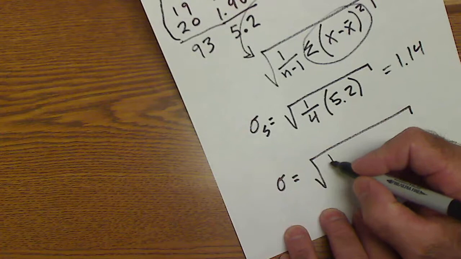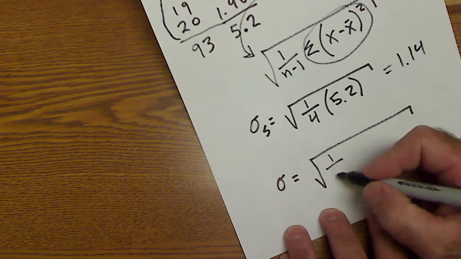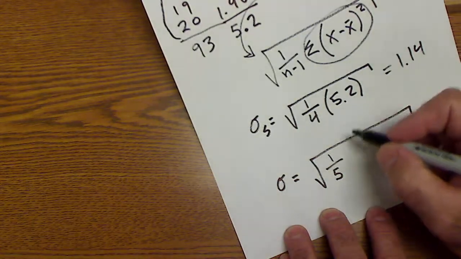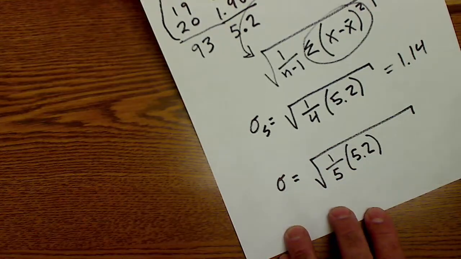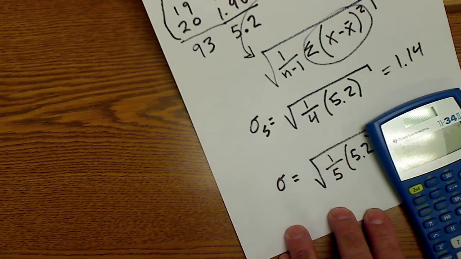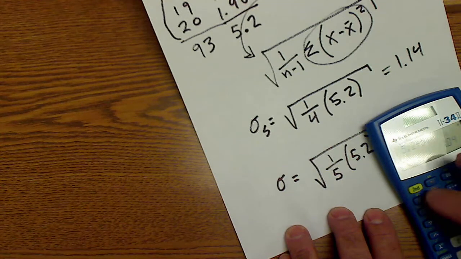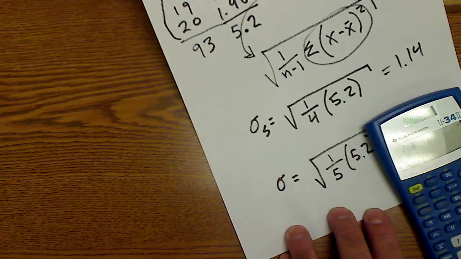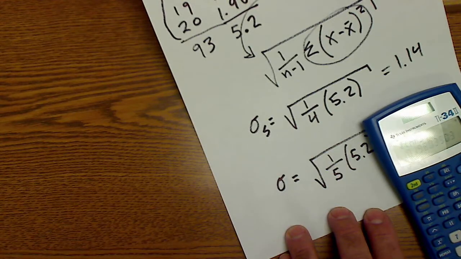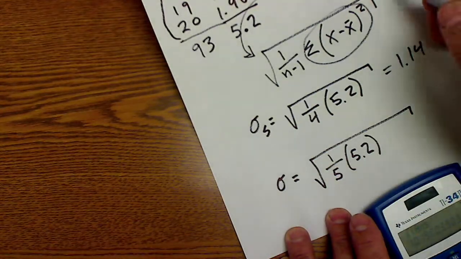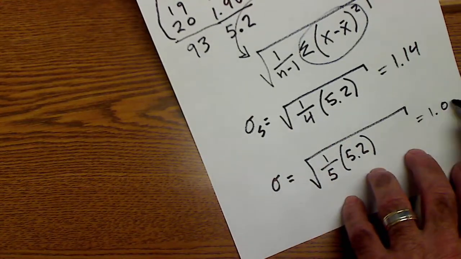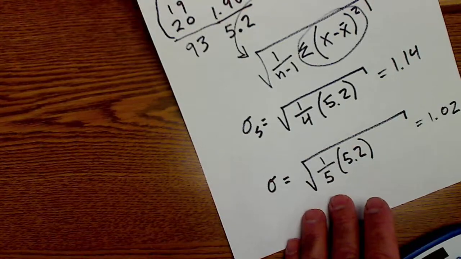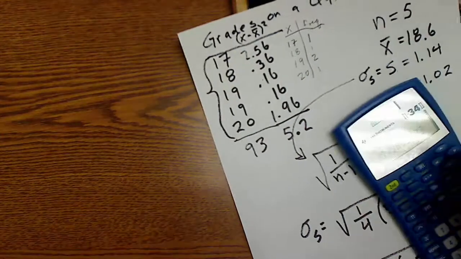I divide by 1 over n. So this is 1/5. Deviation squared will be the same. The sum of deviation squared will be the same. So I take that 5.2 divided by 5 equals, and then the square root of that answer equals 1.02.